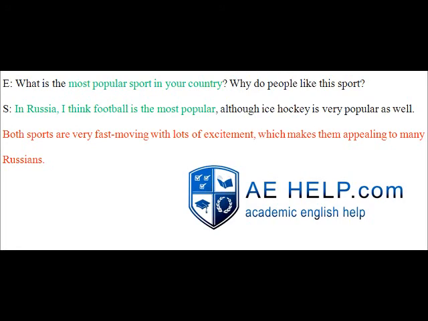Second, many sports are great exercise. Staying in shape by playing sports is much more enjoyable than going to the gym, for example. What is the most popular sport in your country? Why do people like this sport? In Russia, I think football is the most popular, although ice hockey is very popular as well. Both sports are very fast moving with lots of excitement, which makes them appealing to many Russians.